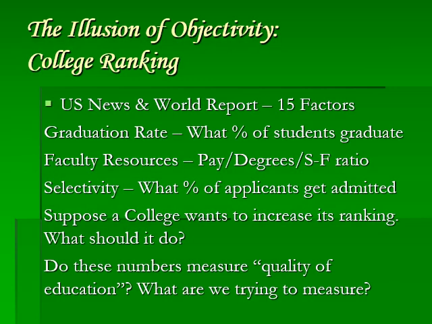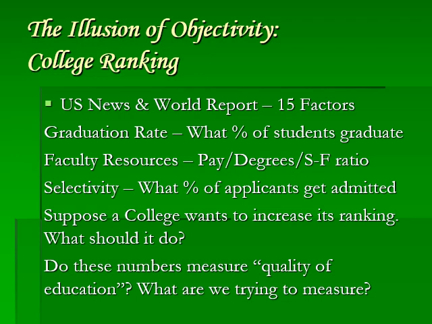I want to explain this illusion in a very simple example in terms of college rankings. The US News and World Report gives us 15 factors that they use and many different sub-factors to judge colleges across the world and give them a single number by which they are ranked. I'll just take three of them just for the sake of illustration. So one of these numbers is the graduation rate.